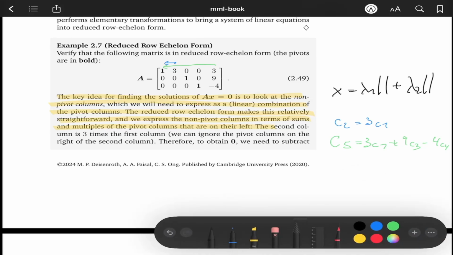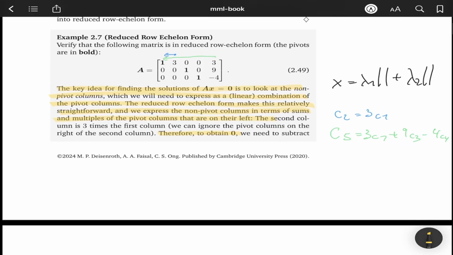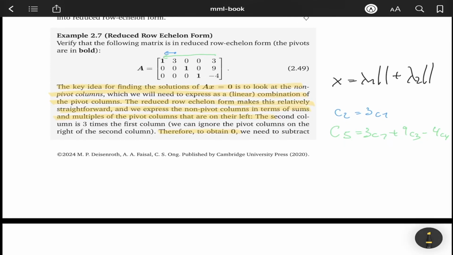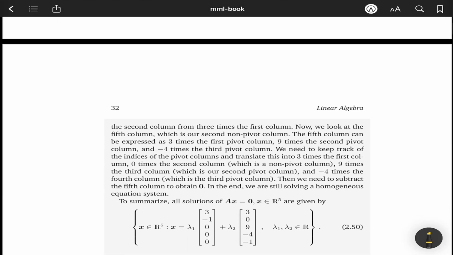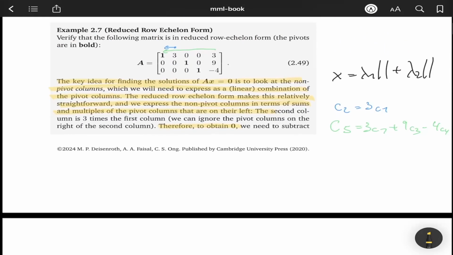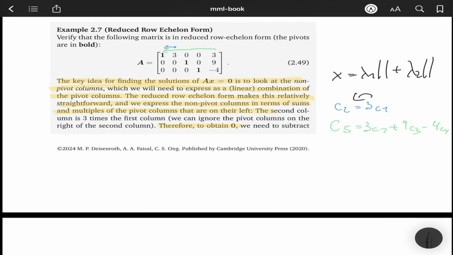So okay, now this point is important. Therefore, to obtain 0, we basically need to subtract those. We need to subtract the second column from 3 times the first column. So what they're doing is they're moving that part here and that part there, right?